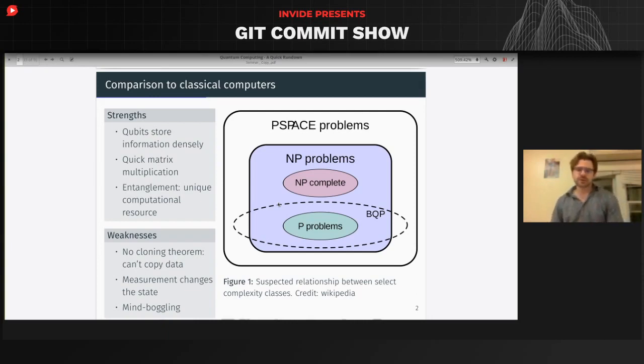The graphic I've included here, credit to the Wikipedia article on quantum complexity theory, shows where quantum theorists suspect BQP, which is the bounded-error quantum polynomial time complexity class, sits. It's the quantum analog of P, how that relates to classical complexity.